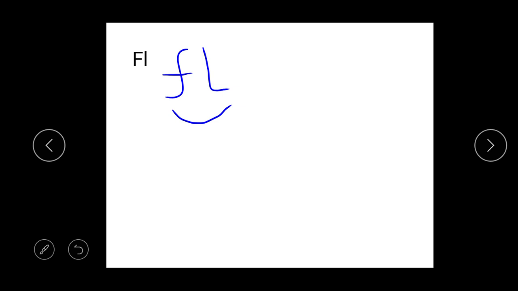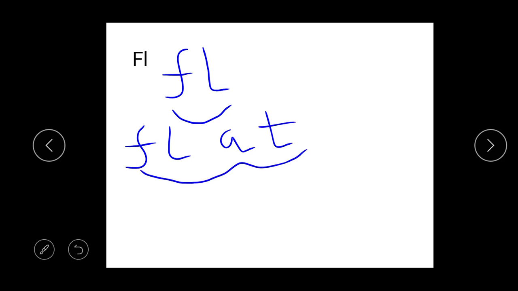Example of words with the fl consonant cluster. We have flats. Okay? You have flats. So when you put your fl plus your at, it gives you flat.